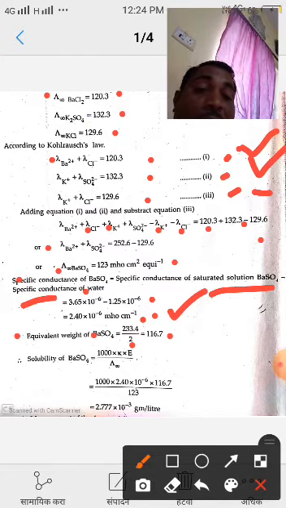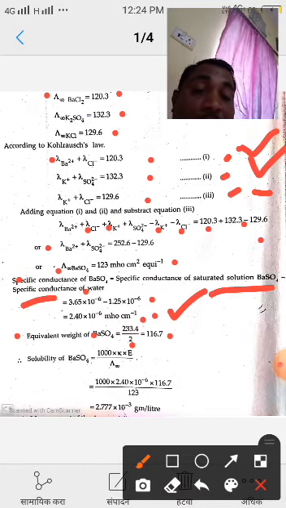Now we have all the values required in the solubility formula, so we can calculate the solubility of BaSO4.